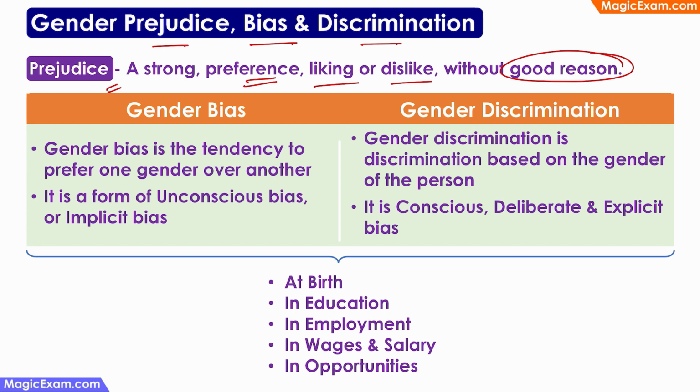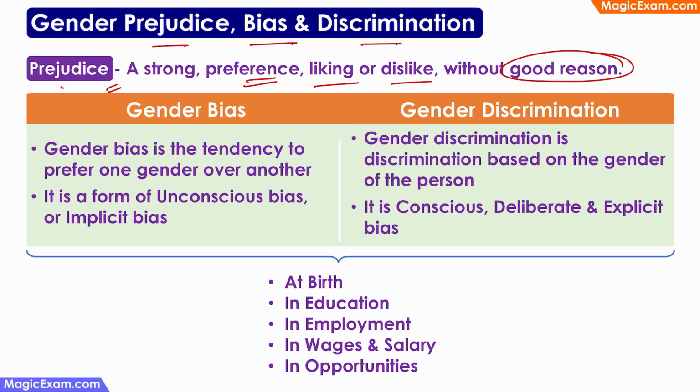There might be no real reason behind why they like dogs or why they dislike dogs or why they like cats or dislike cats, but they have a strong preference or a liking or a dislike. Similarly, in some countries, there might be a prejudice for or against Asians or Indians or Chinese. And in India, there can be prejudices against North Indians or against South Indians for no valid reason. And prejudices can be for or against gender as well.